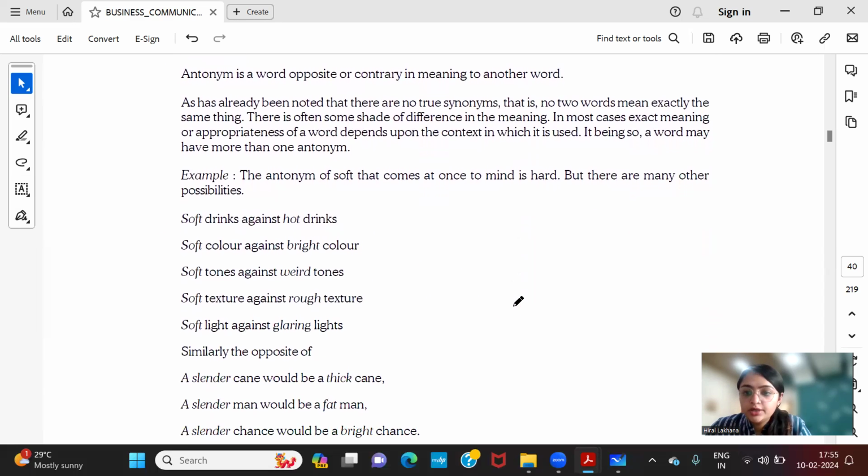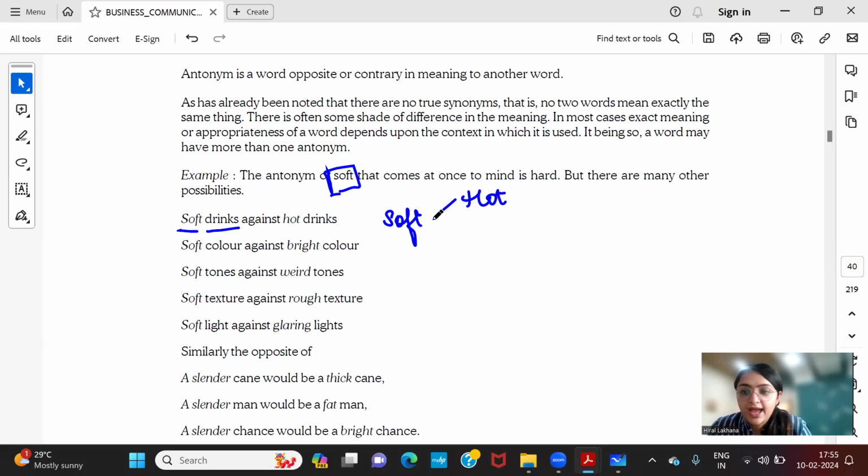Now, before we begin with the examples, there's another example that I want to have a look at. The same word can have multiple antonyms depending on the context in which it is being used. Here the word we have as an example is soft. If it is used in the context of drinks, the opposite of soft becomes hot.